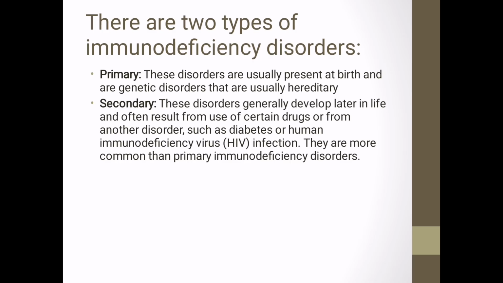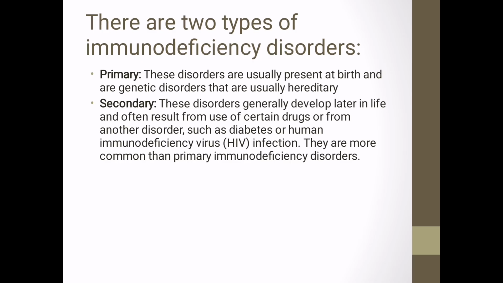Secondary immunodeficiency is disorders that develop in later life and often it is acquired. It results from drugs or other disorders like diabetes, like HIV, and it is more common than primary immunodeficiency.